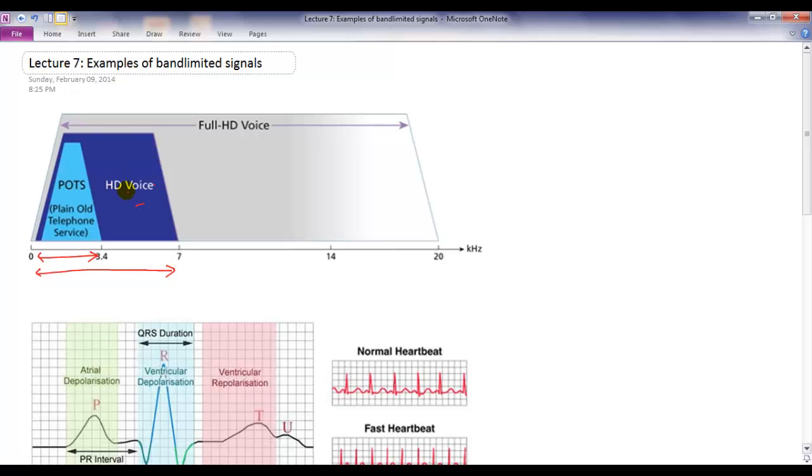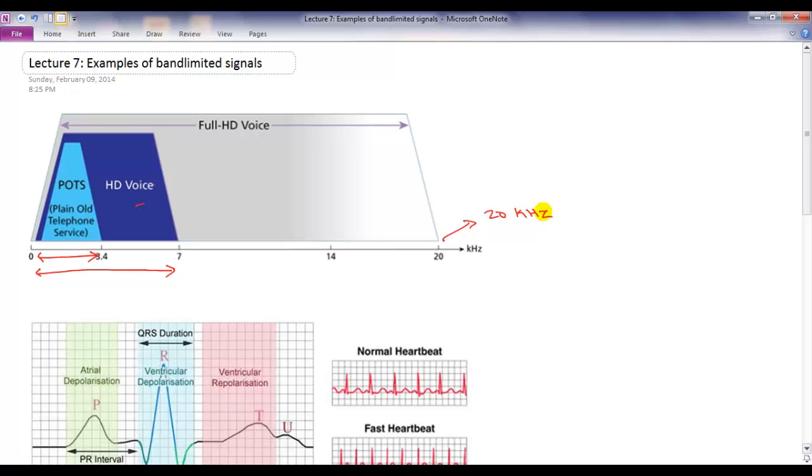If you want to preserve everything, all the music that you are playing, all the sound that you are capturing, then your voice should really be treated as band limited to 20 kilohertz.